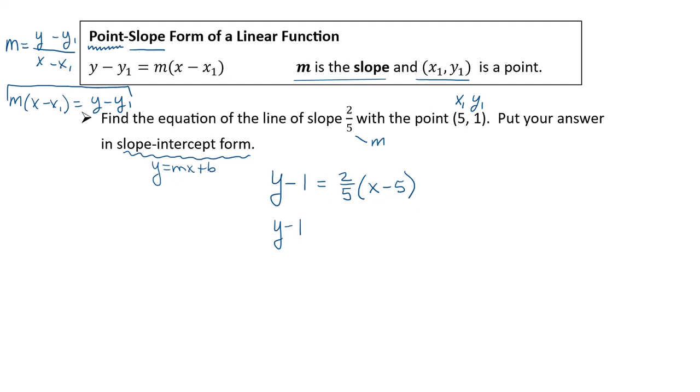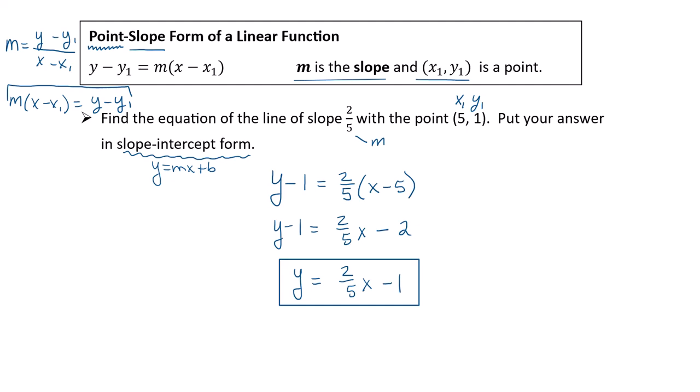So we'll have to go ahead and distribute the slope, and I'm going to add a 1 to both sides, so y ends up equaling 2/5 x minus 1, and that is the slope-intercept form of the line. They could also tag on another question for this and ask what is the y-intercept, and you would know that it is 0, -1, because there's your b right there is a -1.